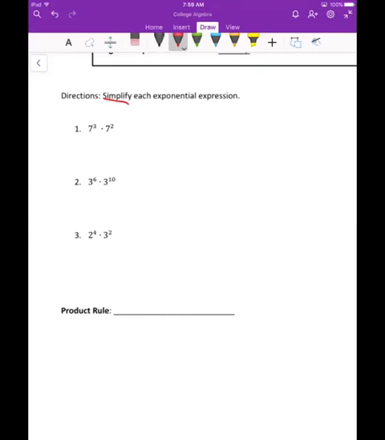What we know so far is that 7 cubed means I have 7 times itself 3 times, and 7 squared is 7 times itself twice. So here is 7 cubed, and here is 7 squared being multiplied together. Since that base is consistent all the way through, this is actually just 7 times itself 5 different times.